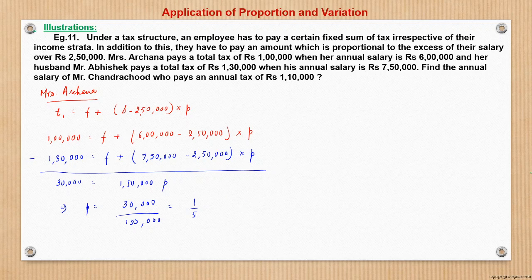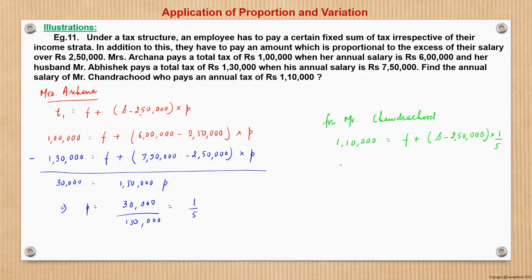So now we have to find for Mr. Chandrachud, who pays an annual tax of 1,10,000. Out of this annual tax there will be some fixed part plus his salary, which we do not know. Let that be S minus 2,50,000 into proportionality, which we know is 1 by 5.